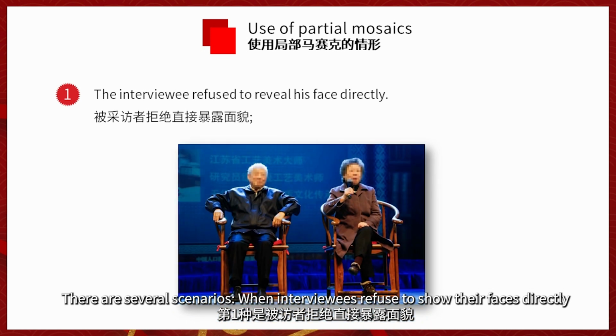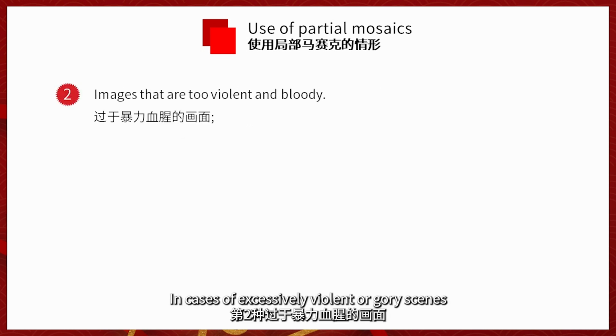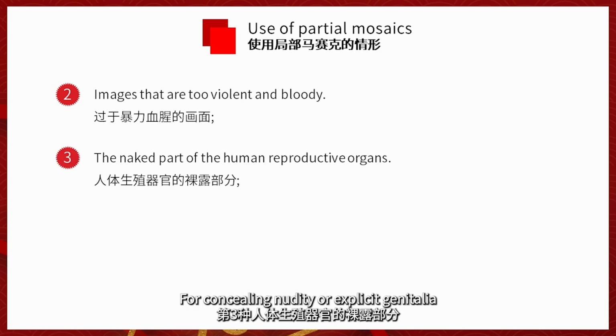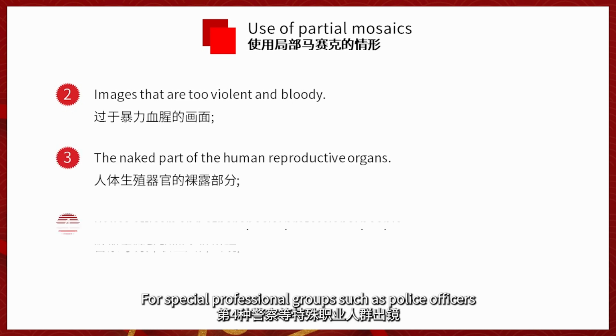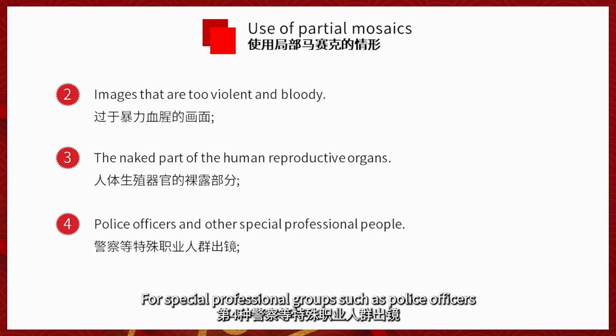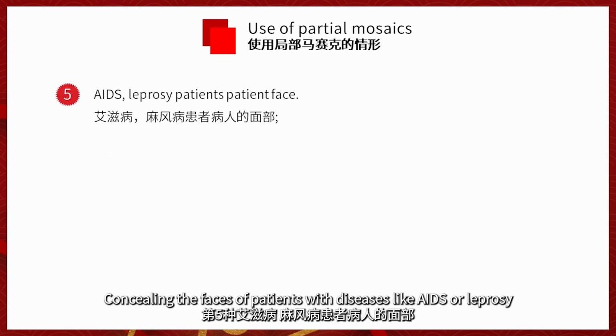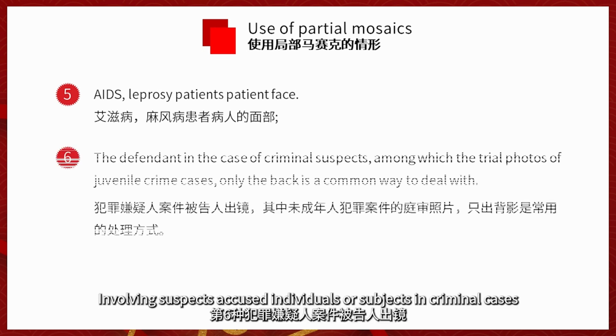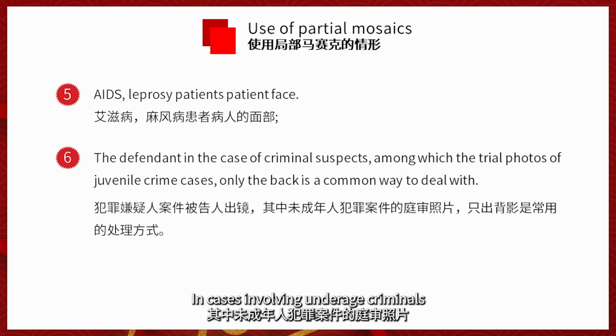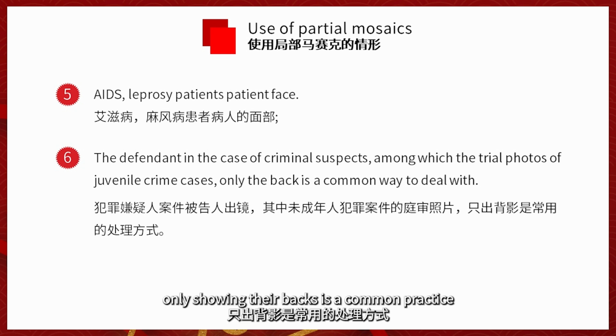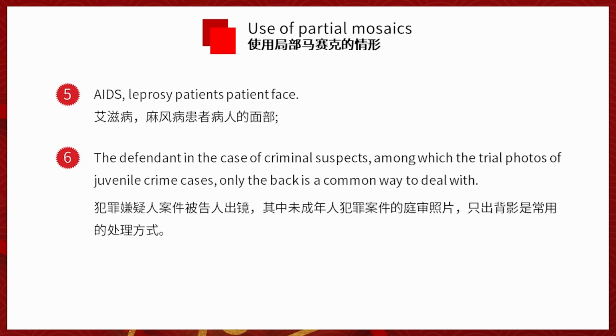When interviewees refuse to show their faces directly, in cases of excessively violent or gory scenes, for concealing nudity or explicit genitalia, for special professional groups such as police officers, concealing the faces of patients with diseases like AIDS or leprosy, involving suspects, accused individuals, or subjects in criminal cases. In cases involving underage criminals, only showing their backs is a common practice.